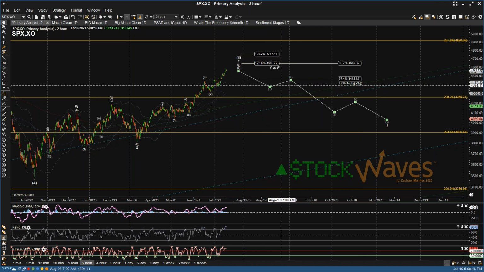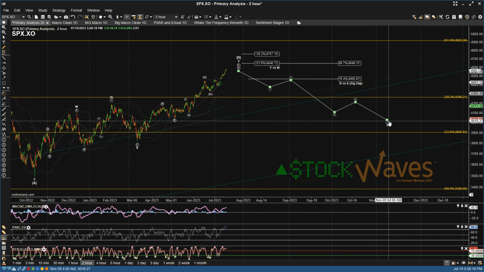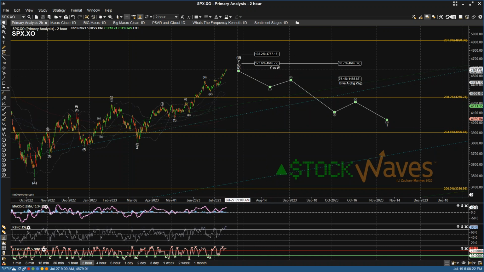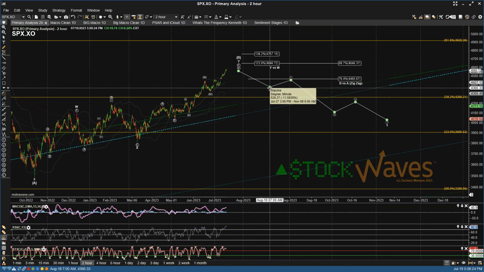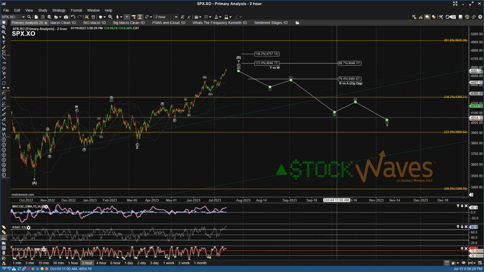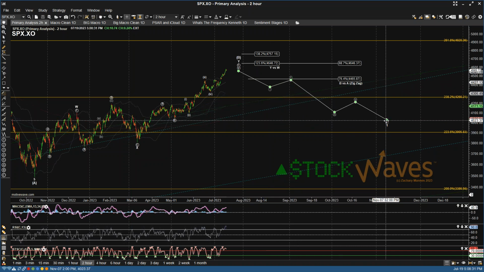The general shape of 5 waves down for that wave 1 targeting the 4030 region would look something like this, with 5 waves down for the first wave 1 taking us down into the mid 4300s, then a bounce, and then another move down, and a bounce, and another move down for the first 5 waves down at a larger degree.